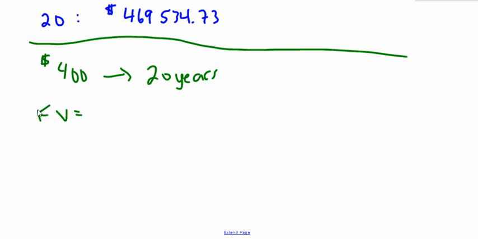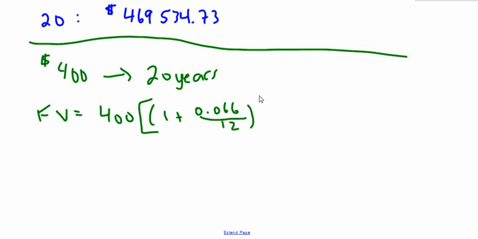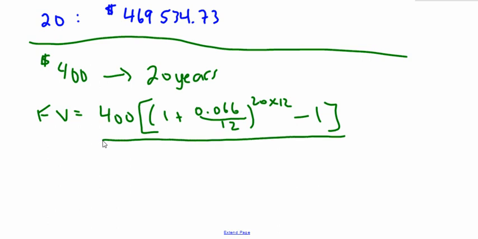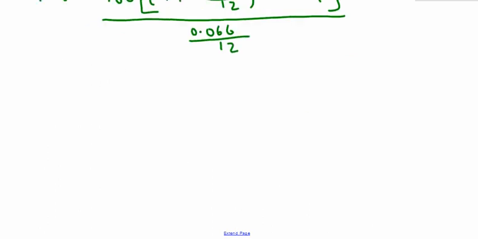So the future value is $400 times 1 plus, and it's still that 0.066 number. It's still compounded monthly, and this time it's only 20 years, but it's compounded monthly, minus 1, and all of this will be divided by 0.066 divided by 12. So some of the numbers stay the same, some of them are different. So let's do this math.